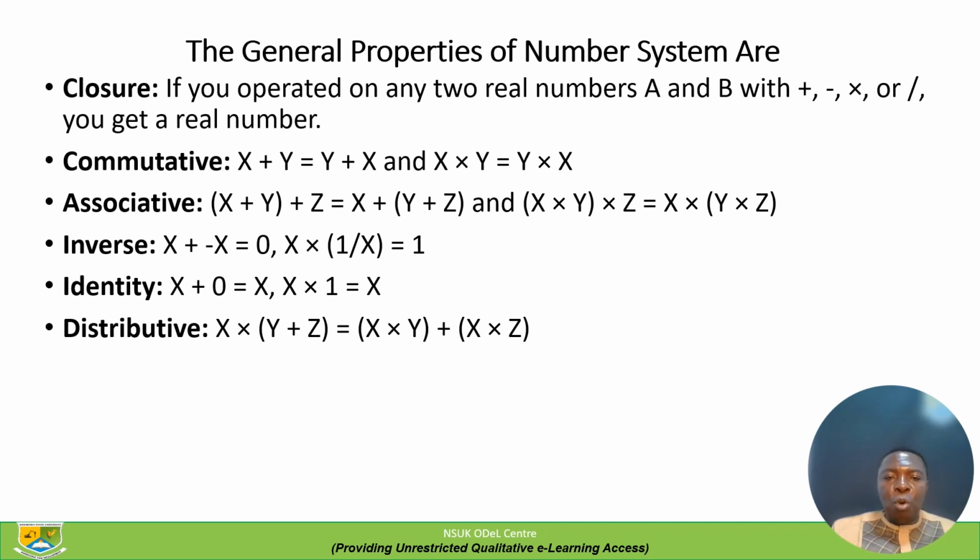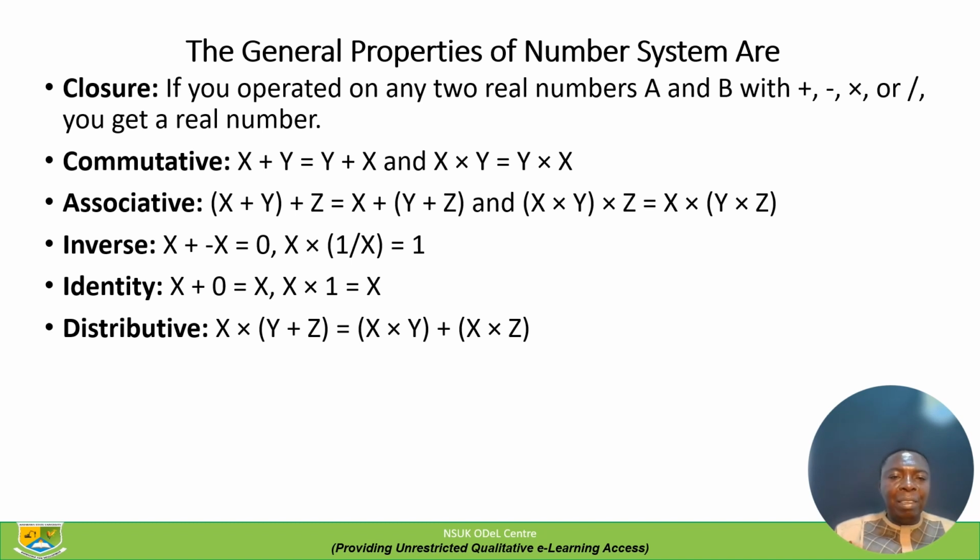When you open bracket, x plus y, close the bracket, plus z is equal to x plus, open bracket, y plus z, and x times y in bracket times z is equal to x times, open bracket, y times z, close the bracket. Then we also have inverse. Inverse, you can say x plus minus x is equal to 0. That is x times, open bracket, 1 over x, close, is equal to 1.